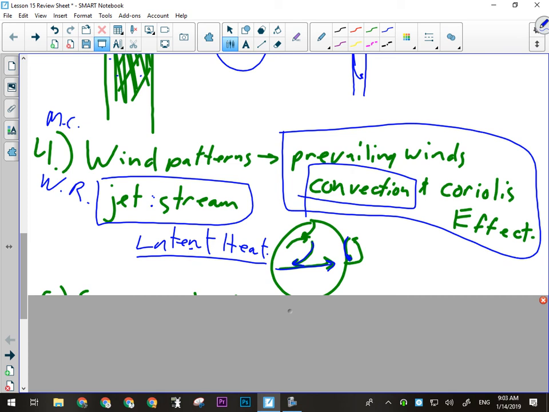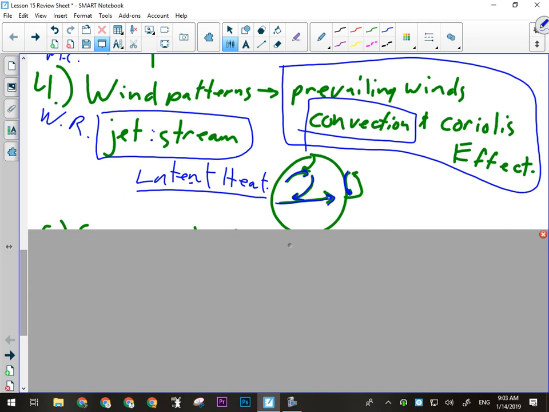A similar thing happens where we are. The air is moving northwards, but it gets deflected by the rotation towards the east, so we feel it coming from the west, etc. Be able to explain how convection and the Coriolis effect work together to create patterns of prevailing winds. That'll be another written response question.